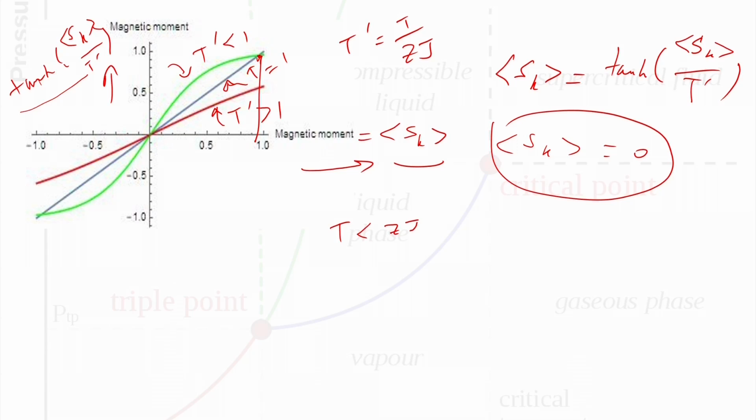The point is that when the temperature is less than coordination number times J, there is a spontaneous magnetization, and that is the prediction of the mean field solution of the Ising model. That is an interesting non-trivial prediction, and you can think of this model along with this approximate method of solving as a kind of crude caricature or cartoon of ferromagnetism in real materials.